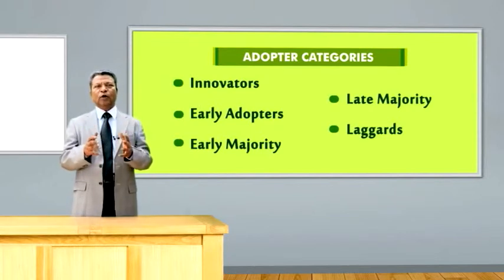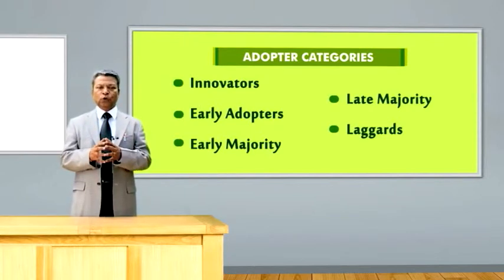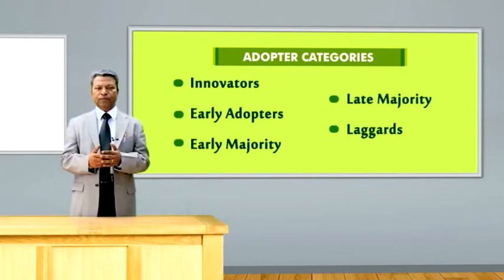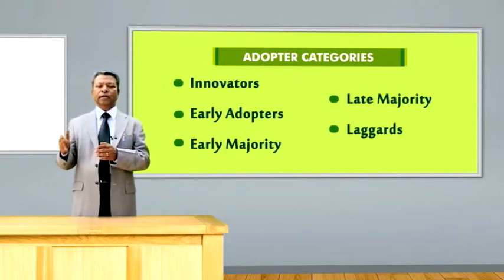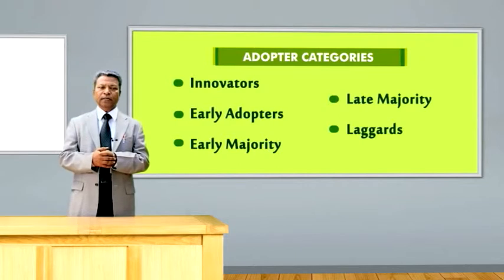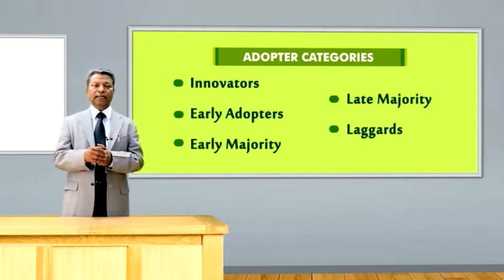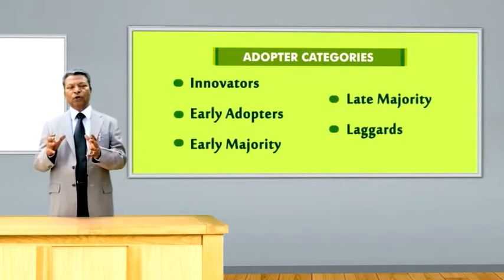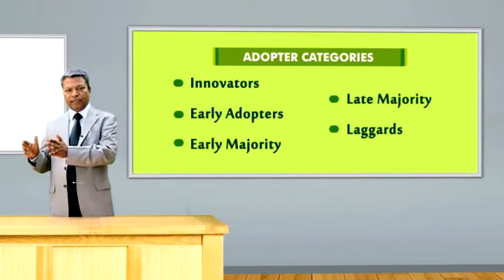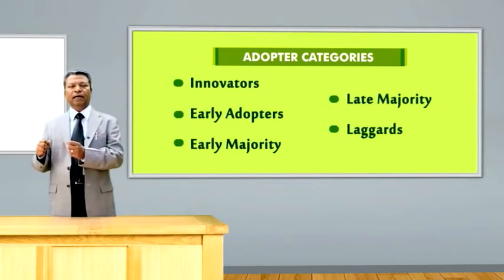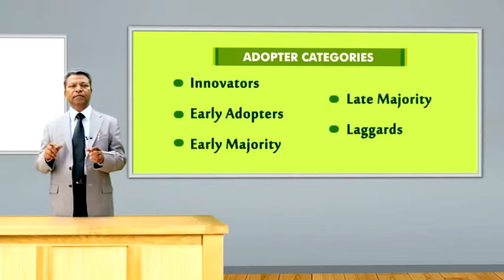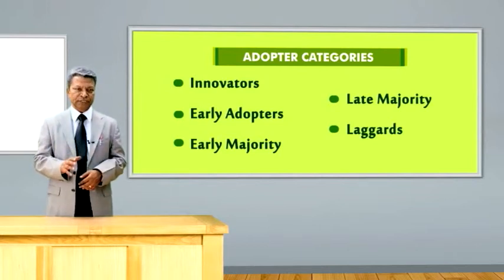Then there are early adopters, those who follow the innovators. Then there is the early majority, the late majority, and the laggards. The laggards are the category of farmers who generally remain behind, and perhaps that category needs a little more extension effort.